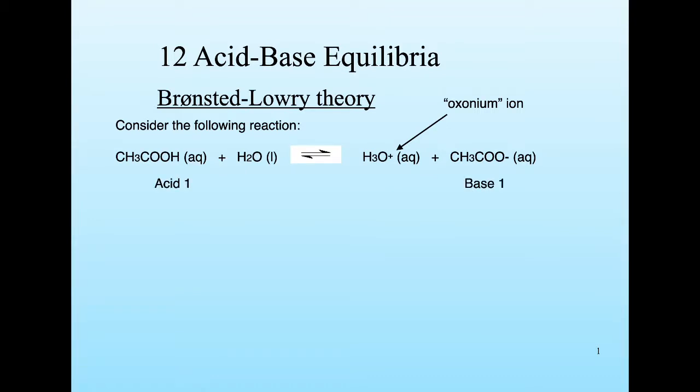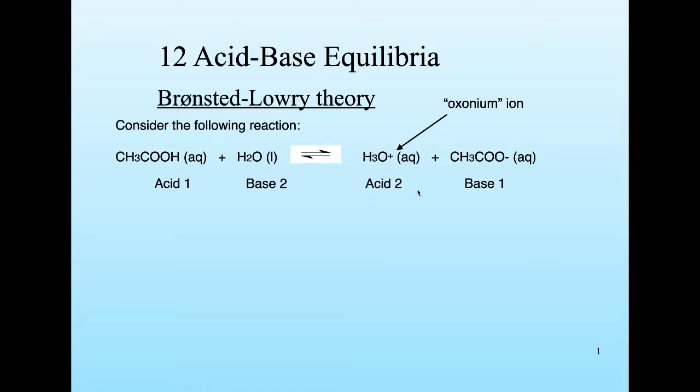Now we have to start with definitions, like I said. So what we say is, on the left-hand side, the ethanoic acid is behaving as an acid. We'll talk about that in a second. So we call that acid 1. Now that's linked with the ethanoate ion. The relationship is a proton, H+. So we call the ethanoate ion base 1.